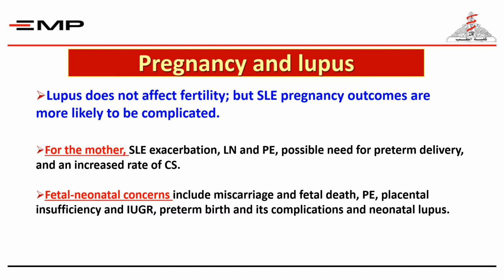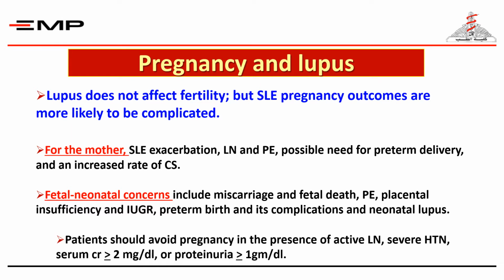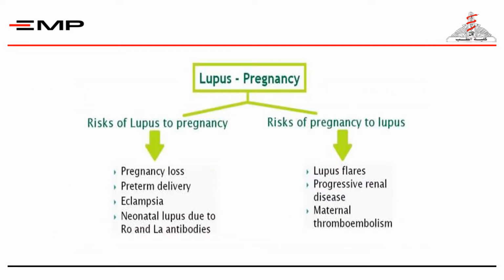All these are fetal and neonatal concerns due to lupus and its complications, and neonatal lupus can be transmitted to the fetus. Patients should avoid pregnancy in the presence of active lupus nephritis, severe hypertension, serum creatinine equal to or more than 1.5 or maximally 2 milligram per deciliter, or proteinuria equal to or more than 1 gram per deciliter.